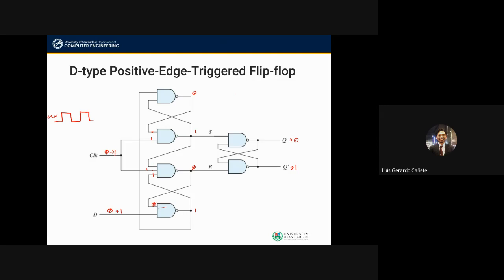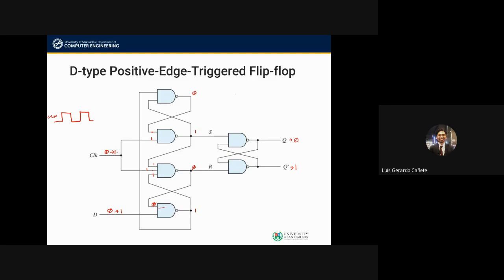Okay? So notice now that it was only during the transition that we reflected this change here. Because of this second latch, this is 3 latches, by the way, we were able to more or less store the value of the transition from 0 to 1. So we only respond when we have a 0 to 1 transition.